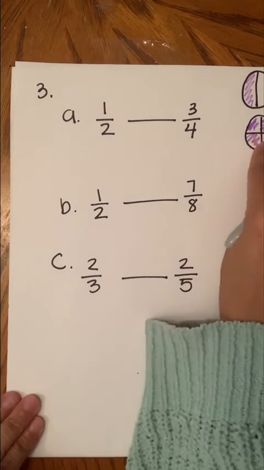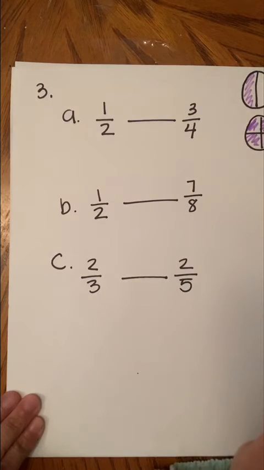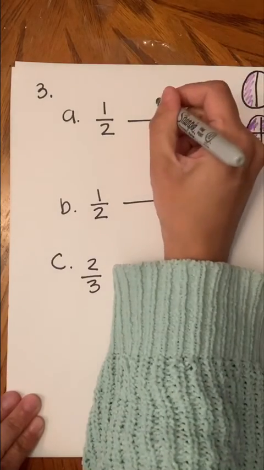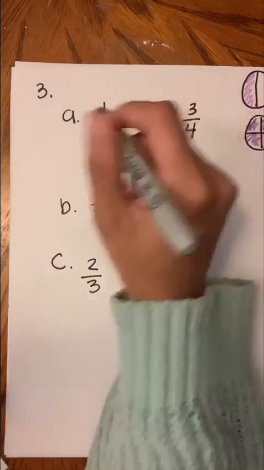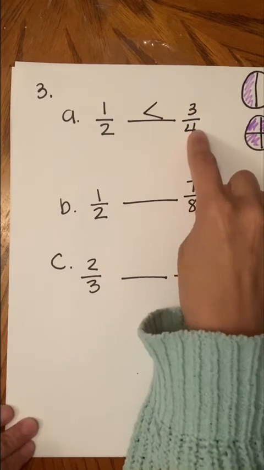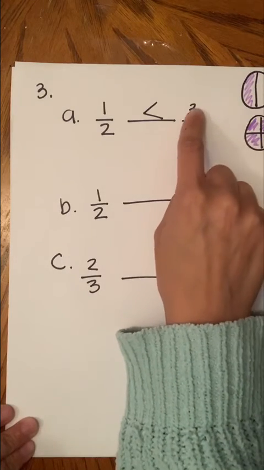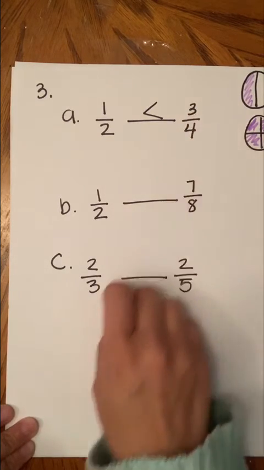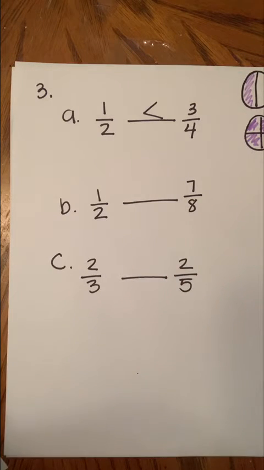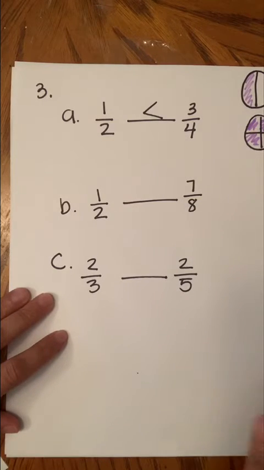Yeah, you're right. 3/4 is more than half. And also, you can say that 3/4 is also closer to 1, right? Because it's almost 4/4, but not quite. So you can use whatever explanation you think is best.